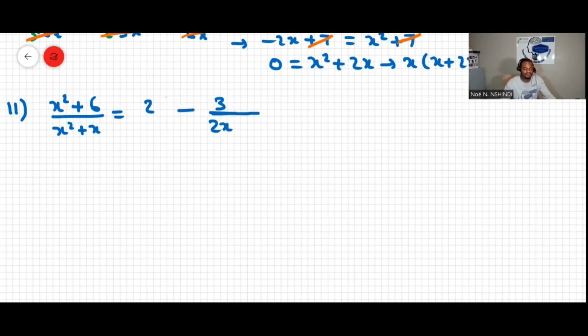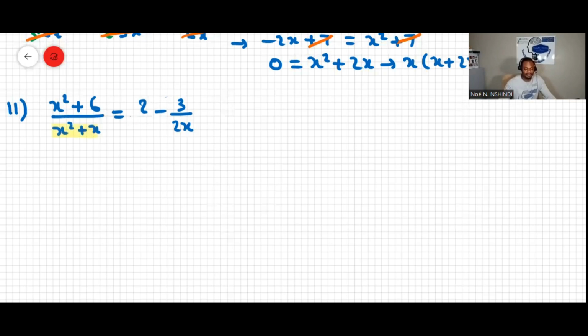Now, the 2 here has an invisible denominator, which is 1. I want to write this way: I would like to factorize this denominator first.